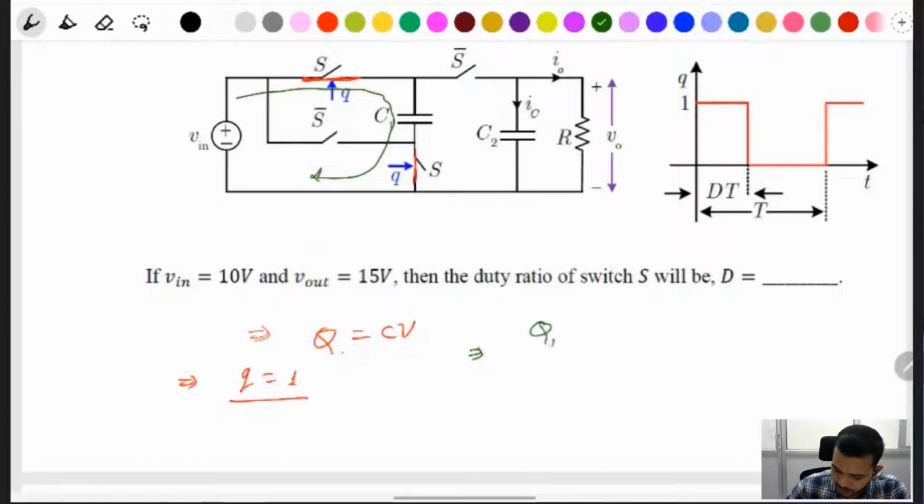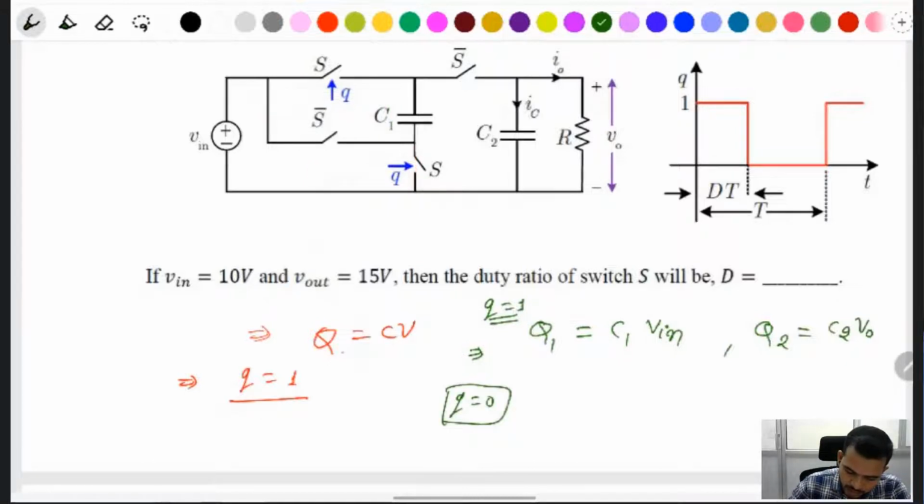If you want the charge for Q1, C1, then you can find it as C1 with the capacitor voltage V in, and for Q2 the voltage is C2 into V naught. This is for Q equal to 1.